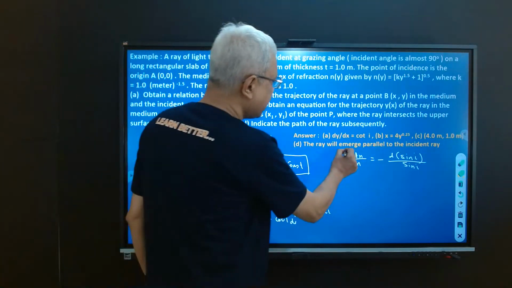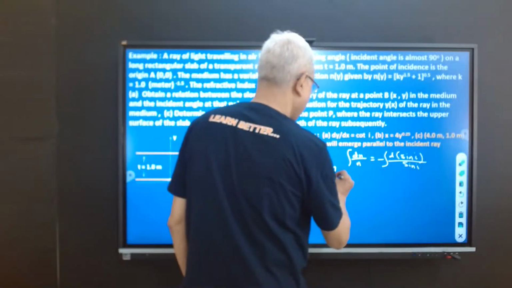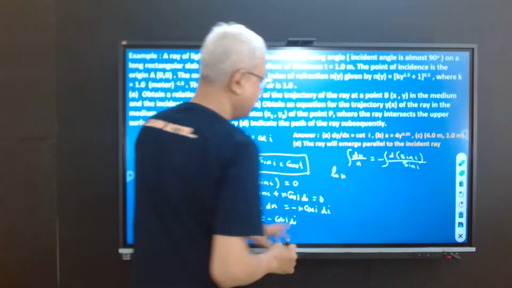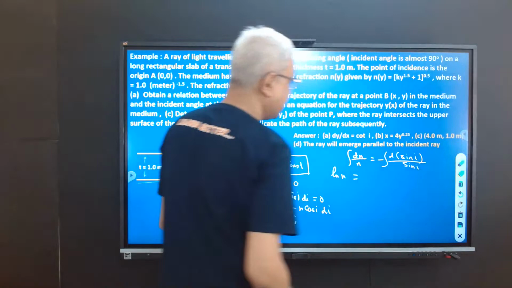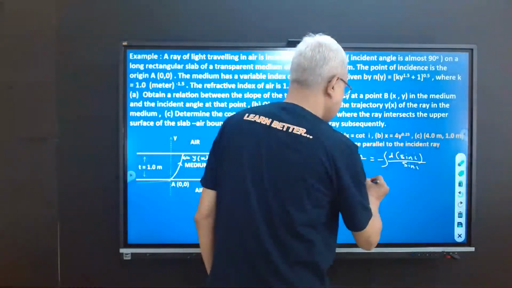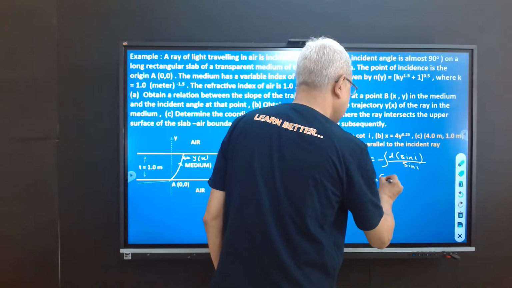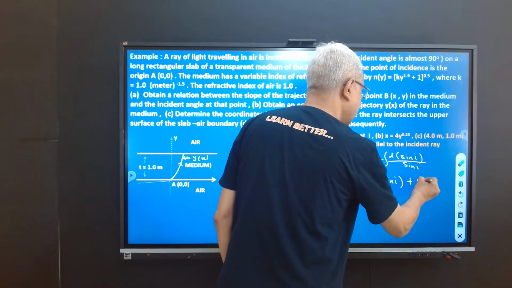So if I integrate both sides, what happens? Log n with base e, ln n, is minus ln sin I plus some constant C1.